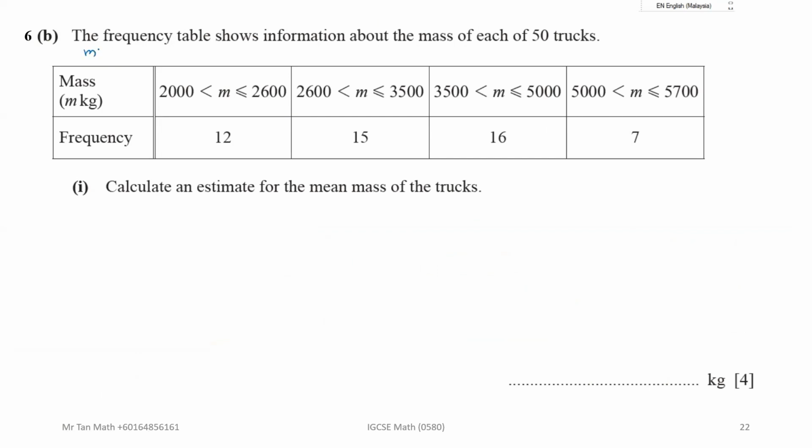So for the midpoint, you just add and then divide: 2000 plus 2006 divided by 2. So you should get 2003.